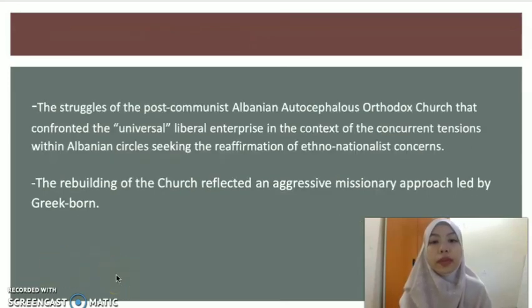It is the struggle of the post-communist Albanian autocephalous Orthodox Church that confronts the universal liberal enterprise, in the context of the concurrent tension within Albanian circles seeking the reaffirmation of ethno-nationalist concern. Mostly it will become clearer how necessary it is to read this ongoing process of rebuilding on several institutional and ideological levels. Next is the rebuilding of the church, which reflects an aggressive missionary approach led by Greek Bond.